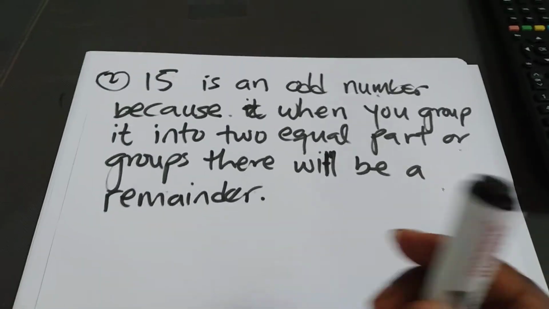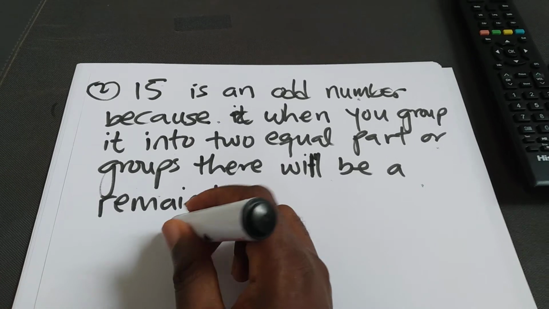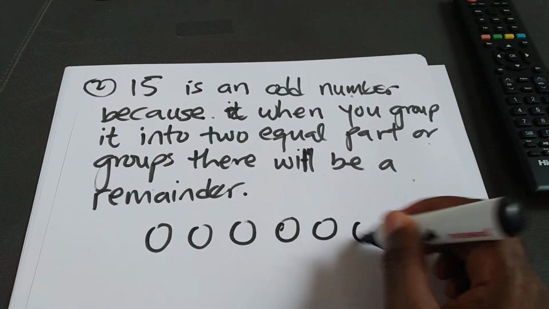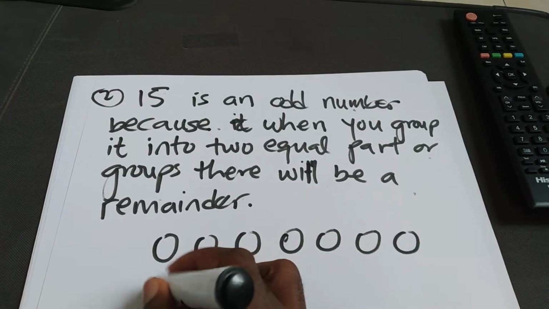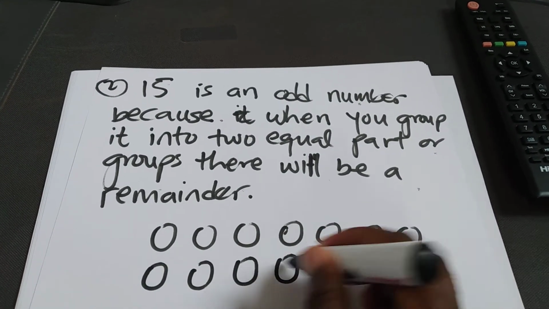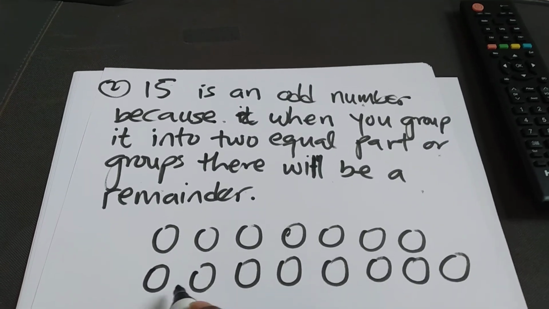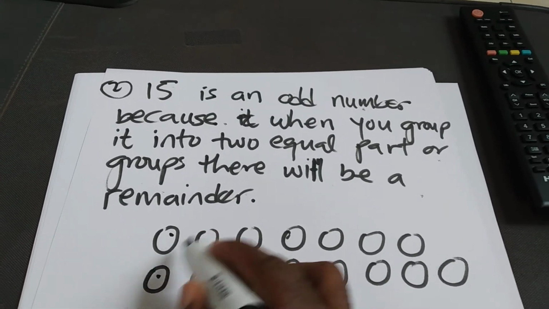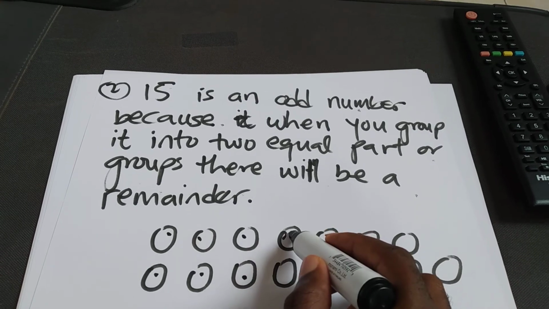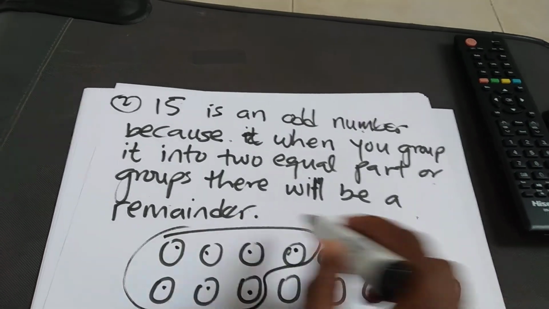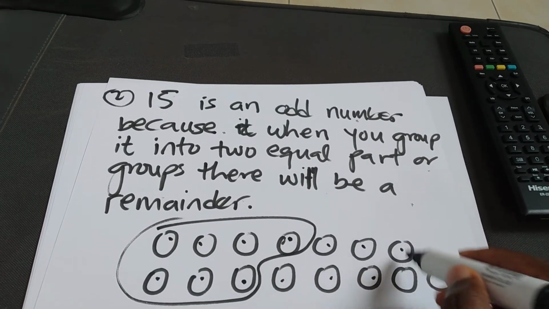Let me use some models to explain this to you. So we have 1, 2, 3, 4, 5, 6, 7, 8, 9, 10, 11, 12, 13, 14, 15. Now let me group them into groups. 1, 2, 3, 4, 5, 6, 7. So this is our first group. 1, 2, 3, 4, 5, 6, 7.